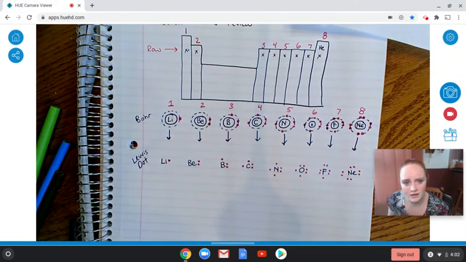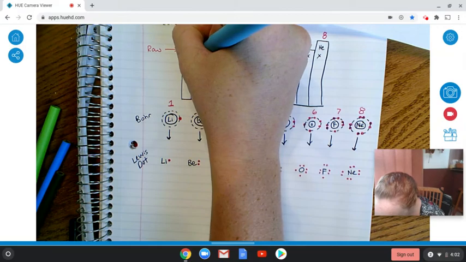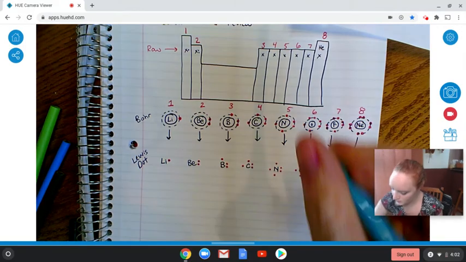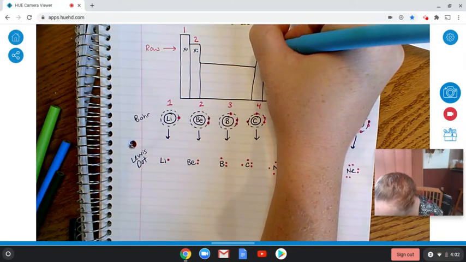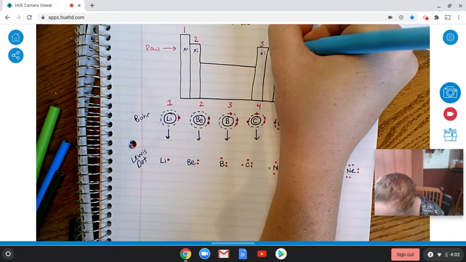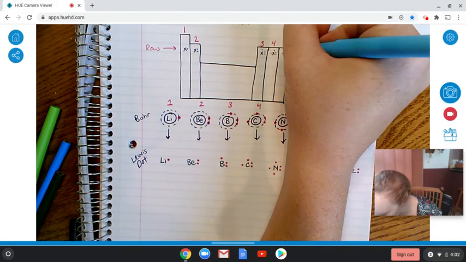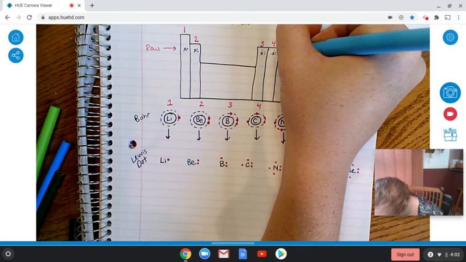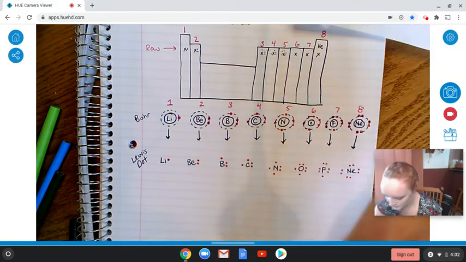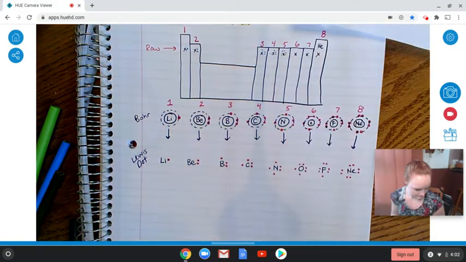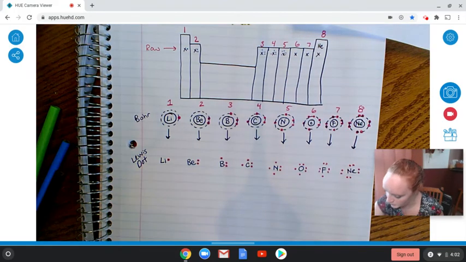So 1 dot in column 1, 2 valence electrons in column 2, 3 and 3, 4 and 4, 5 and 5. Oops, I messed that one up. All right. Hopefully you did not mess that up with me.